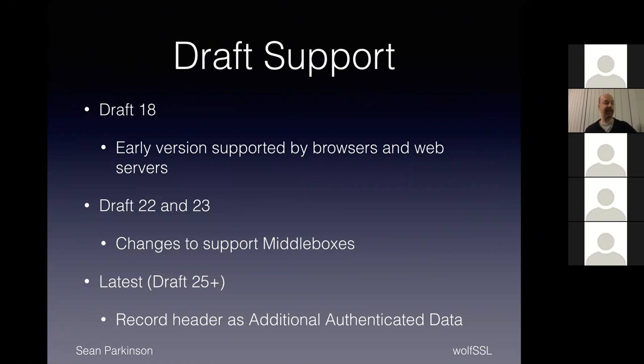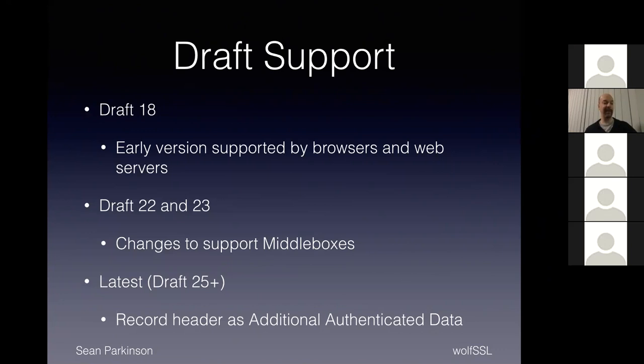Draft 25 introduced a change to the way that the encryption is performed. Previously, the authentication code was calculated just on the data encrypted: the handshake message or application data was encrypted and authenticated. But draft 25 changed this.